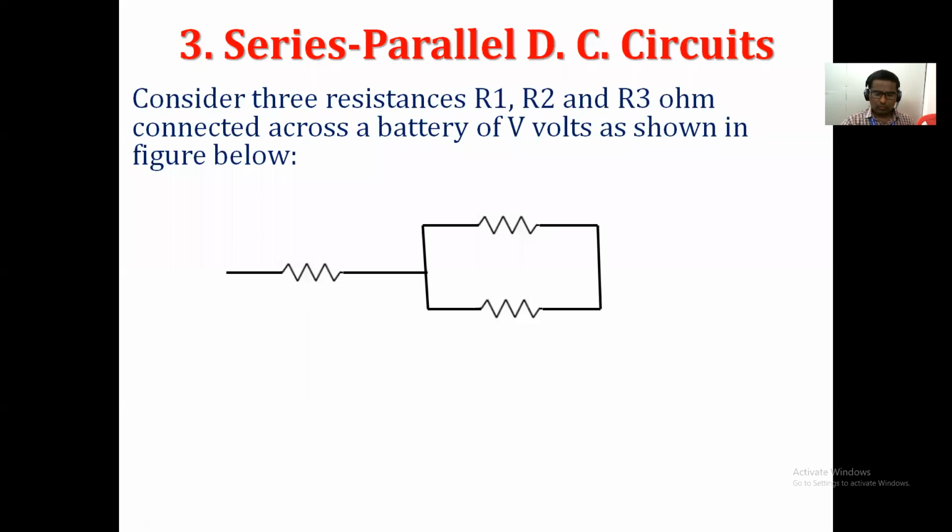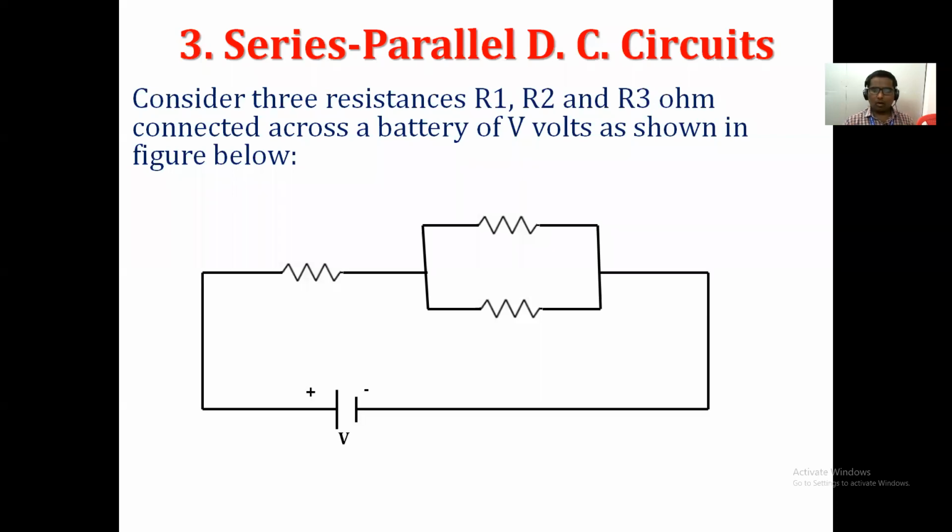Now this entire series-parallel combination is connected across a battery of V volt. Let's assume resistor R1, resistor R2, and resistor R3. Can I make one sentence from the circuit diagram? Resistor R2 and resistor R3 are connected in parallel, and resistor R1 is connected in series with the parallel combination.